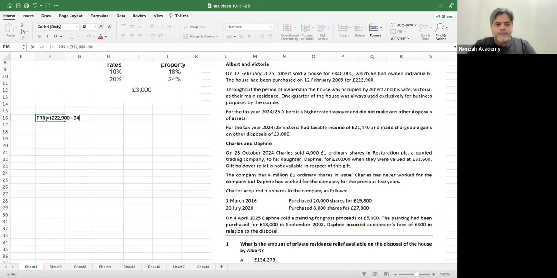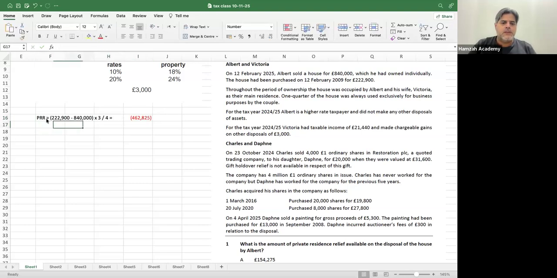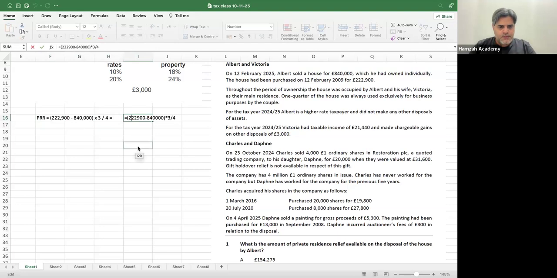So we are going to simply have it as 840,000 minus 222,900, into 3 by 4. So we are going to get this 462 over here, right? Sorry, I have written it the other way around. This was minus, this was plus.